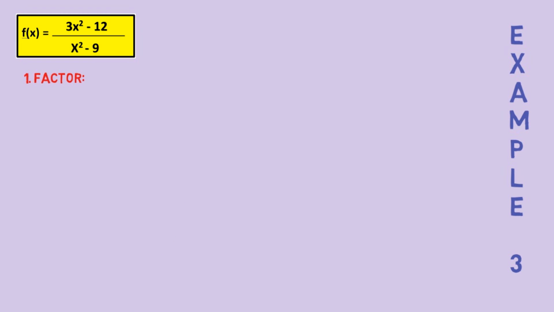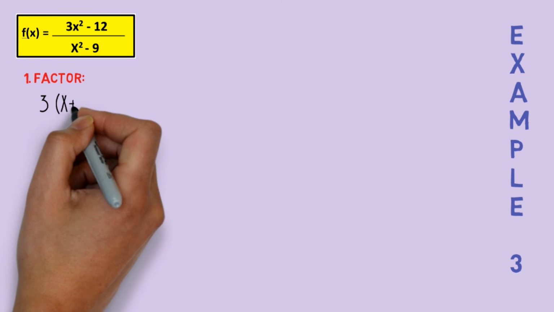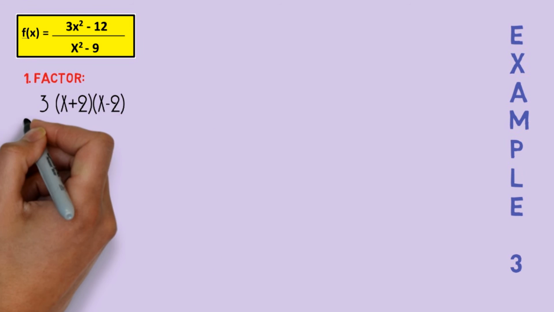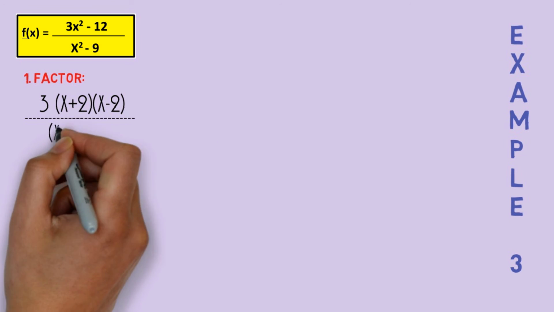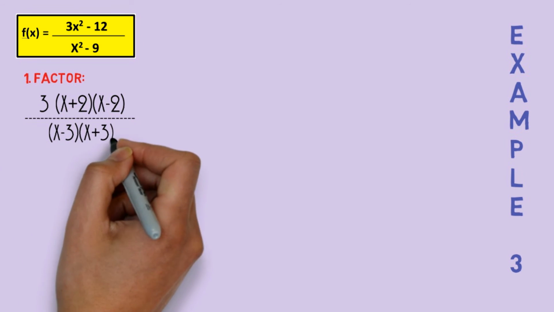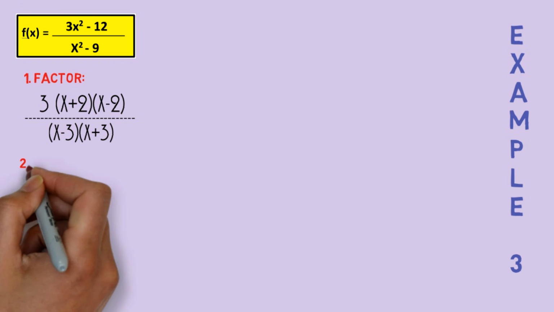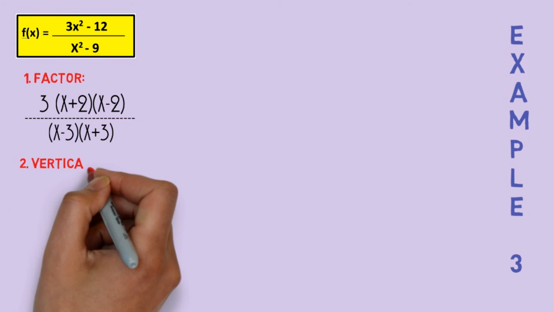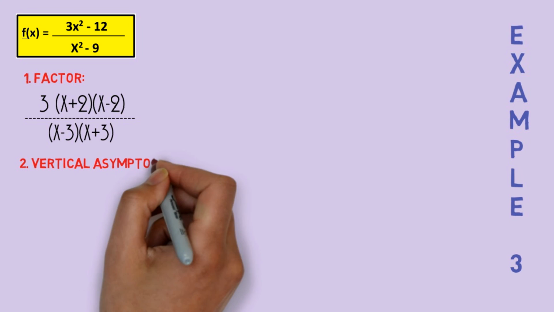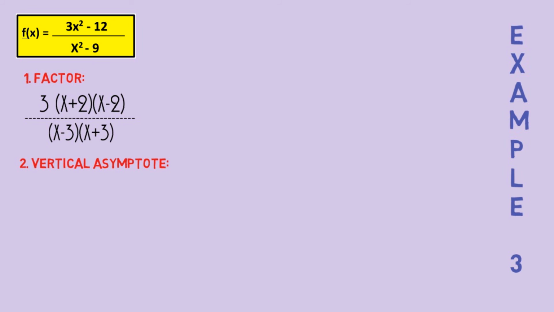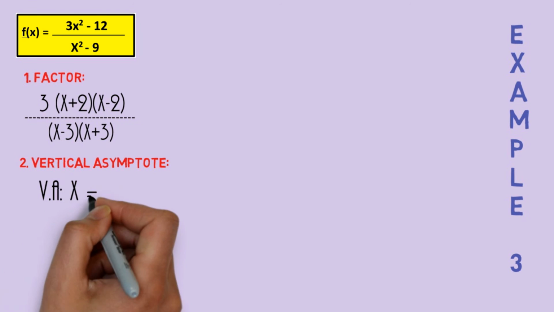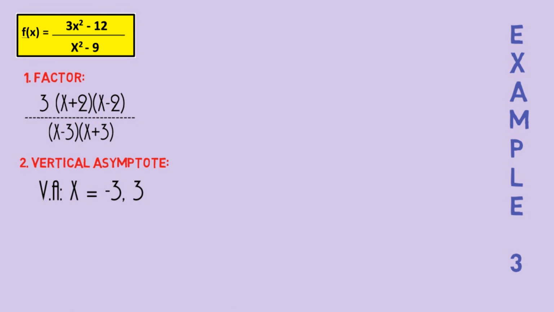The simplified answer will be 3, quantity x plus 2, quantity x minus 2, over quantity x plus 3, quantity x minus 3. Now, let's find the vertical asymptotes by equating the denominator to 0. Our vertical asymptotes will be x is equal to -3 and +3.